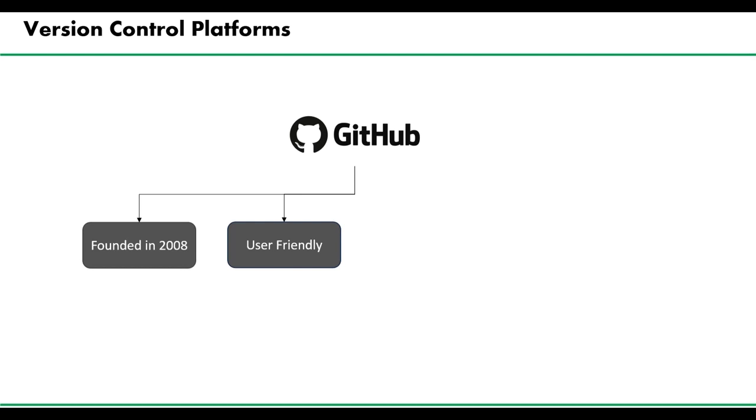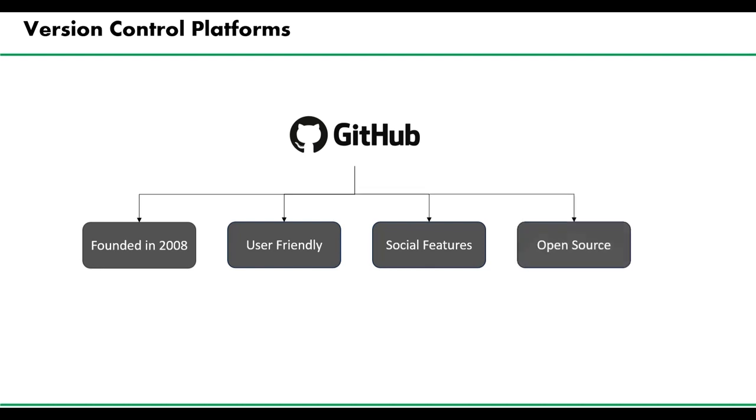One of GitHub's early differentiators, and I like it so much actually, was its strong focus on social features. It allowed developers to follow each other, star repositories they like, and fork projects to make their modifications. Very interesting. GitHub played a significant role in the rise of open source software development by making it easier for developers to contribute to existing projects and start their own open source initiatives.